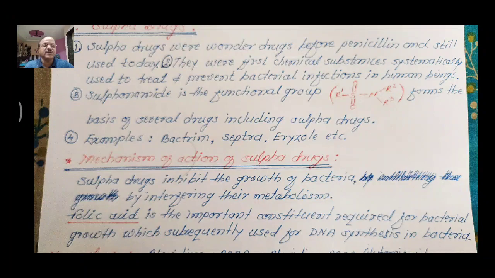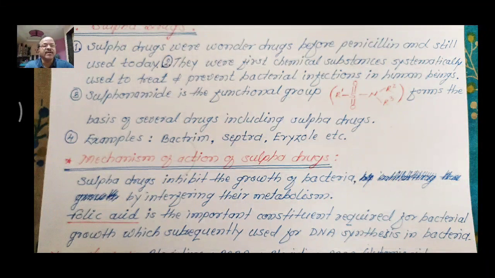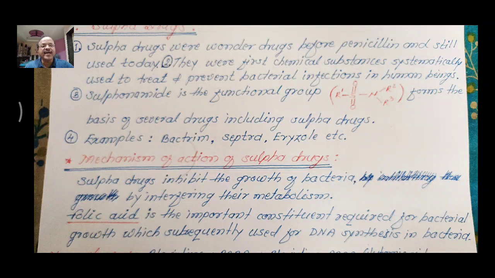Now how this metabolism is interfered or disturbed? For that we should know some basic part about the metabolism occurring in the bacteria. So folic acid is the important constituent.